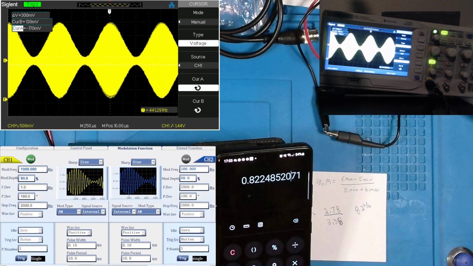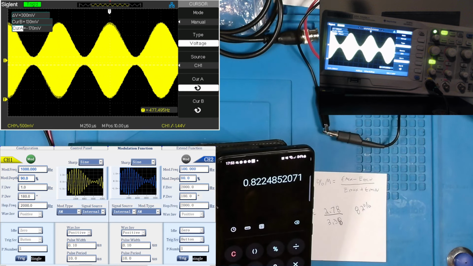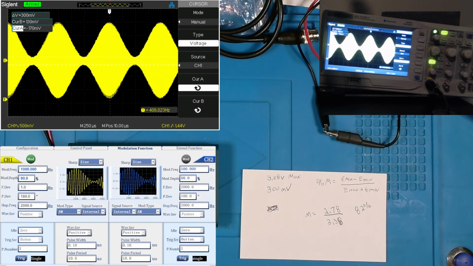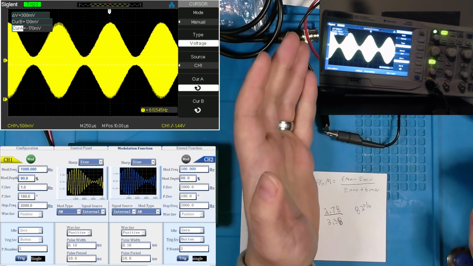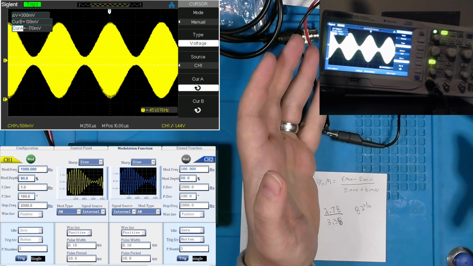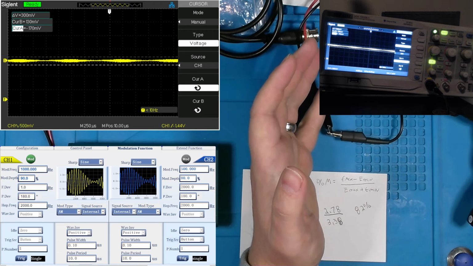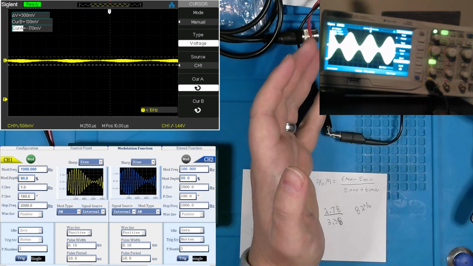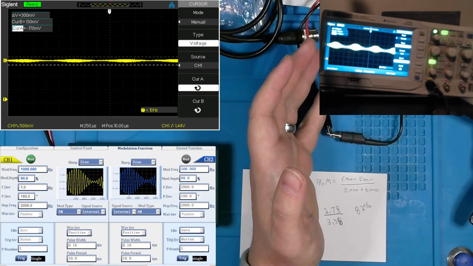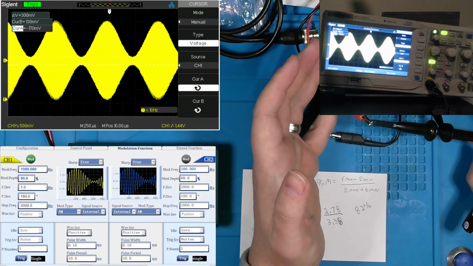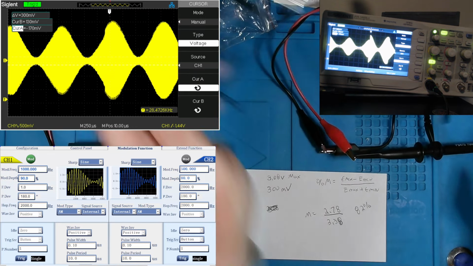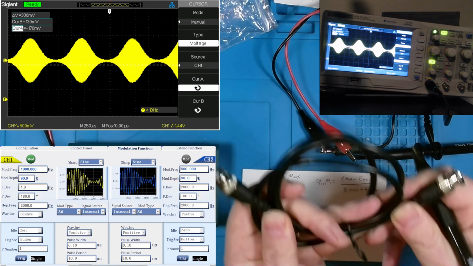Well, that's a bit lower than my SIGGEN is saying it's sending out. I wonder if that's because of how I have these things connected. I'm going from a 50 ohm cable to 1 meg ohm cable, so I have impedance mismatch. As I move it around, you can see that modulation dropping in and out. Maybe that's the issue. Maybe we need to go the entire way on a 50 ohm cable.